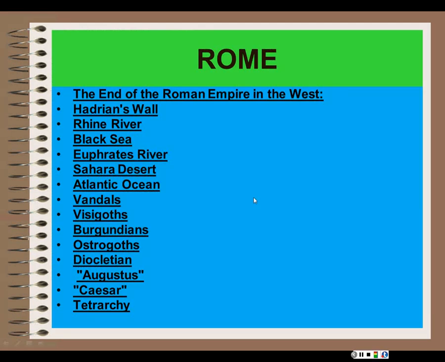The Roman Empire would become this giant empire, which would reach to Hadrian's Wall in the British Isles, the Rhine River, the Black Sea, the Euphrates River, the Sahara Desert, the Atlantic Ocean, and it is so humongous and had so many internal problems that it became subject to invasions of so-called barbarians from the outside. And we know those barbarians were barbarians in the sense of the Romans. They were not barbarians as we might call them.